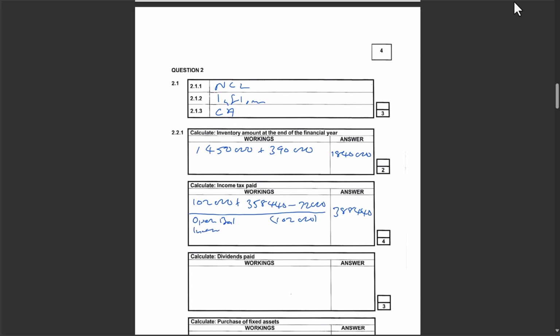Income tax for the year, that's 358,000. Then closing balance, that's 72,000.